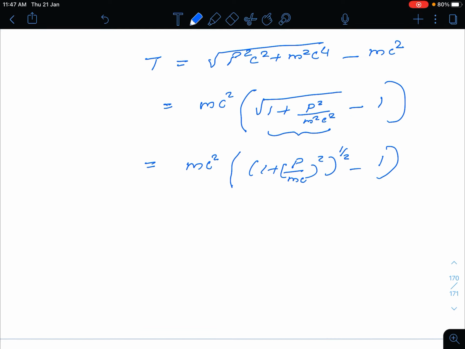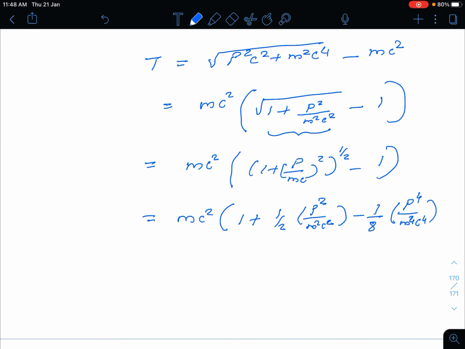as a series, so that I can write mc square into 1 plus, what will the next term be, half into p square by m square c square minus 1 by 8 p raised to 4 divided by m raised to 4 c raised to 4 and so on, minus 1.